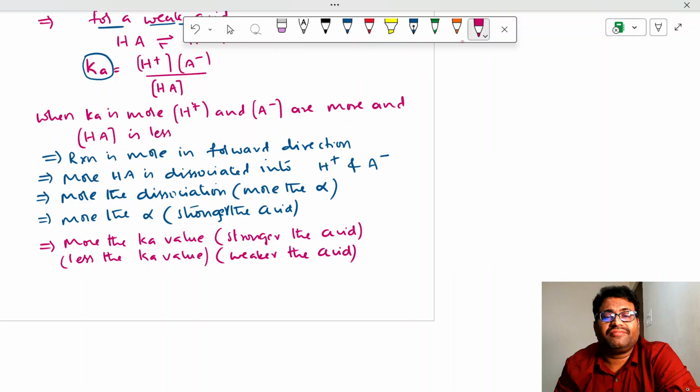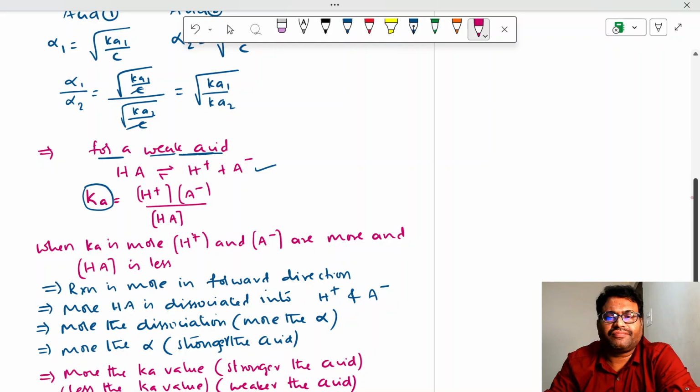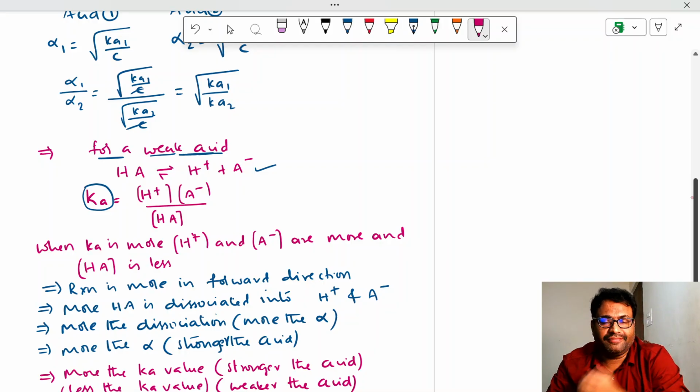Understood? And another factor which decides which is stronger, let us see: pKa. So let us take Ka is equal to 10 power minus 3.